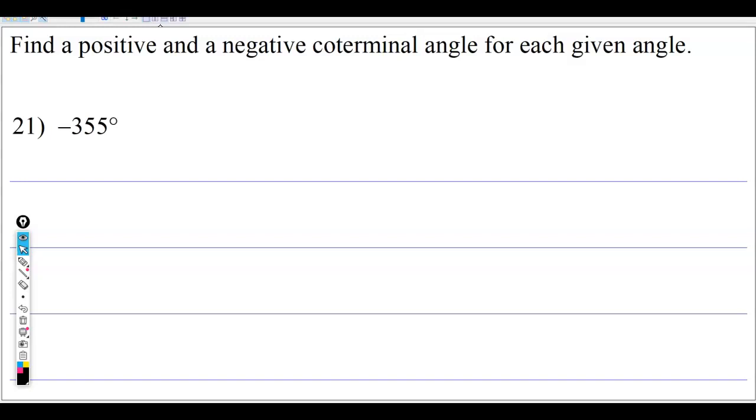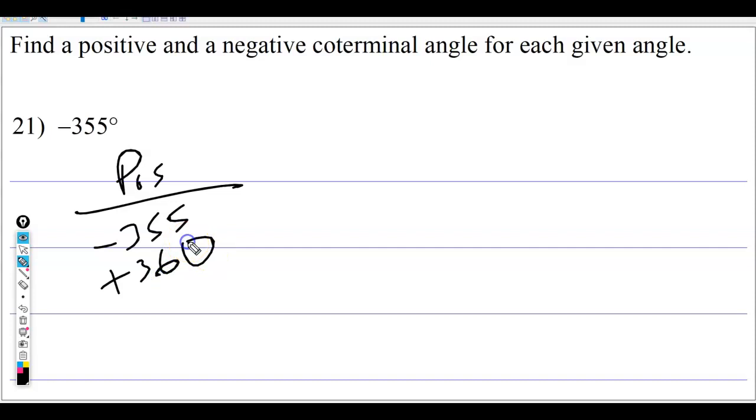So for this problem set, we're being asked to find a positive and negative coterminal angle. So to find a positive, what we're going to do is add 360. So if you add 360 to that, you get 5.